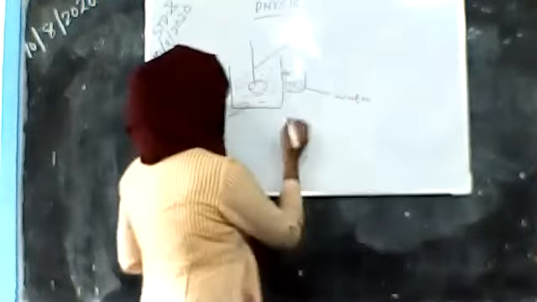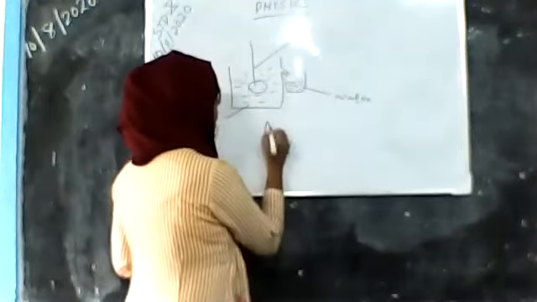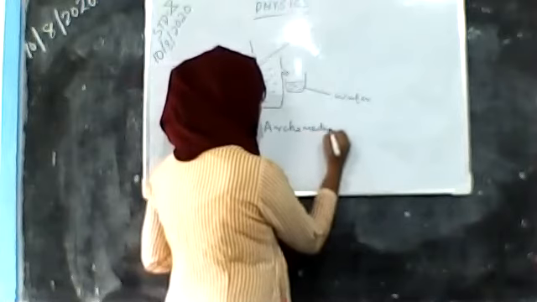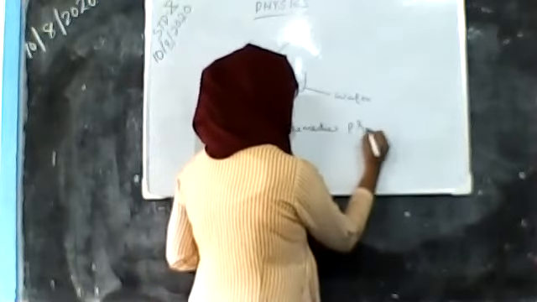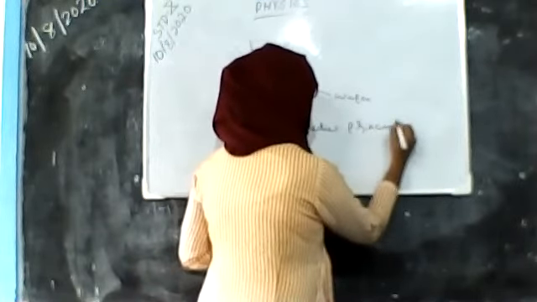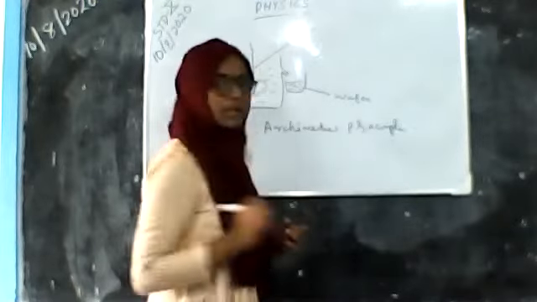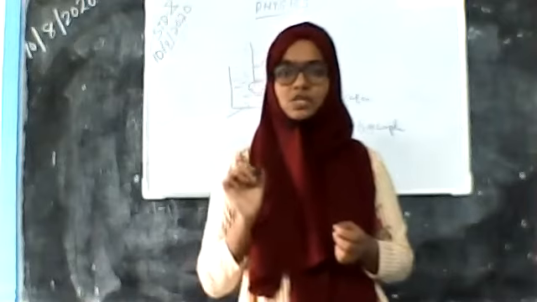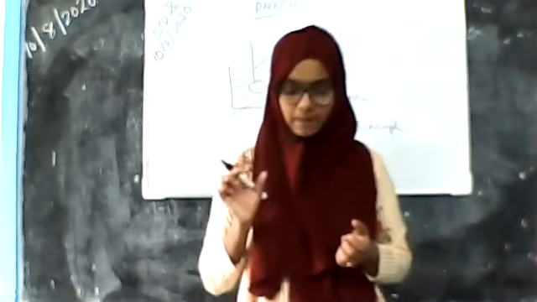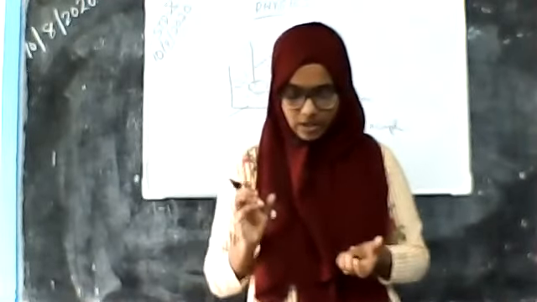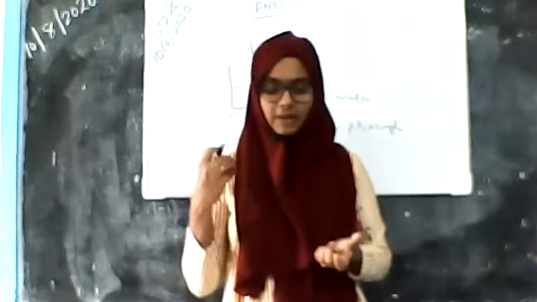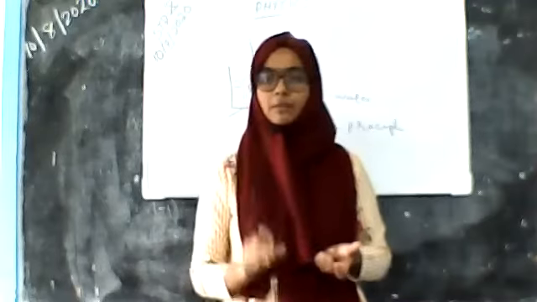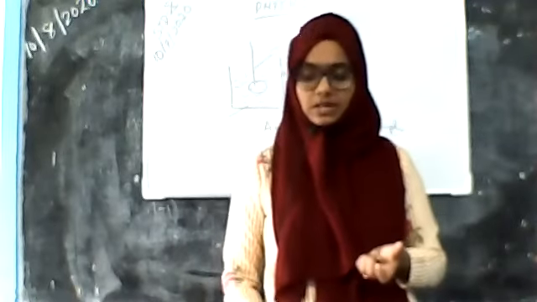It states that when an object is immersed partially or completely into a fluid, the buoyancy experienced by it will be equal to the weight of the fluid displaced by it.